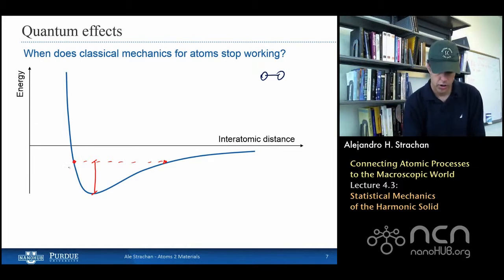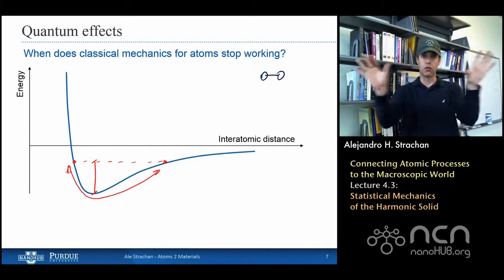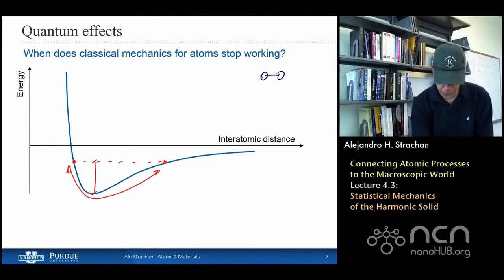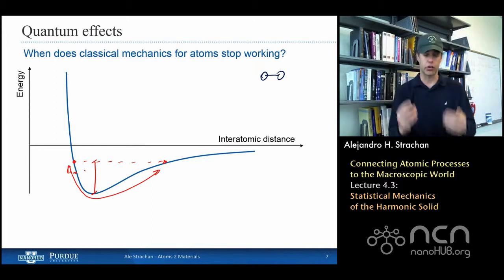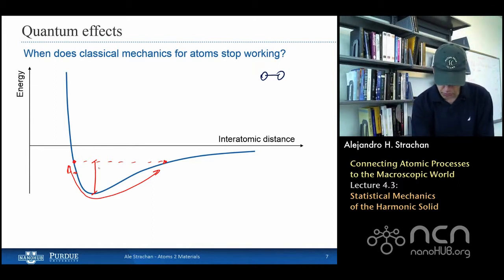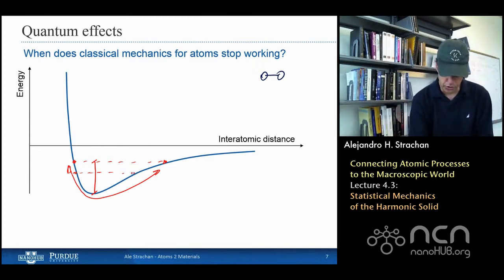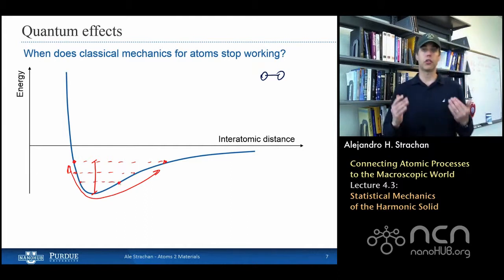So my molecule will do this, back and forth, back and forth. Now, what happens if I reduce the temperature, reduce the kinetic energy in that bond? Well, the oscillations will be smaller. And if I reduce it even more, it will be even smaller.